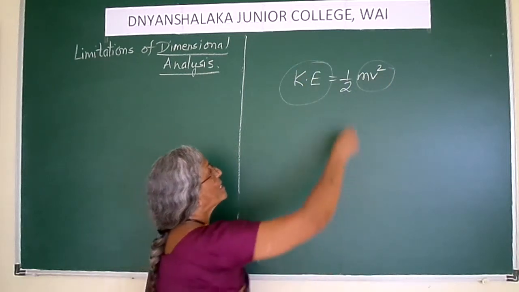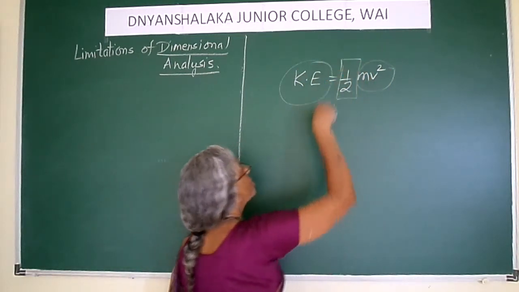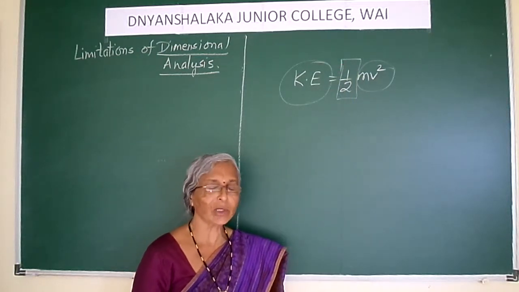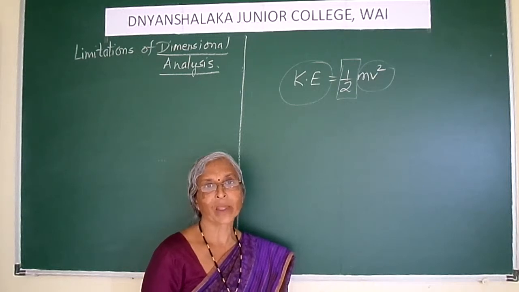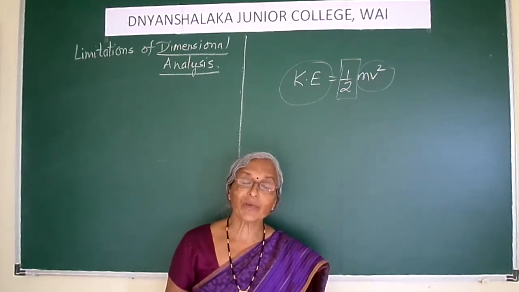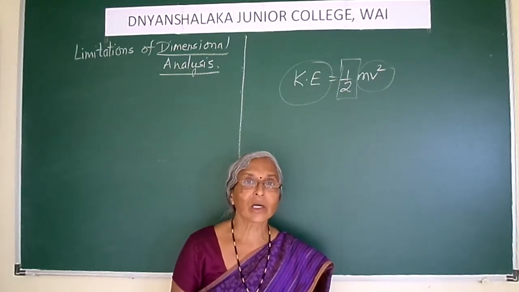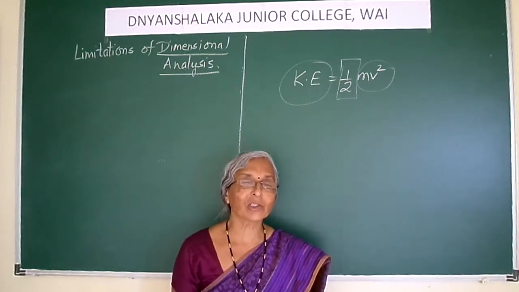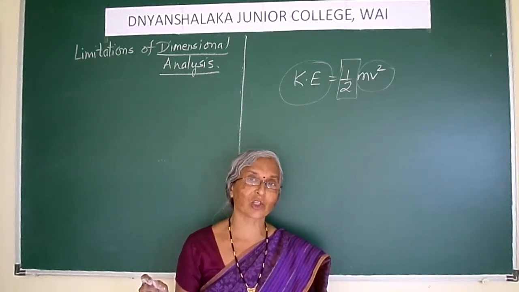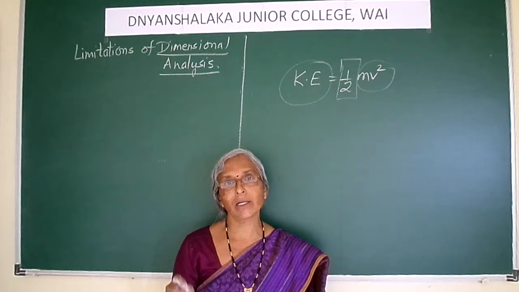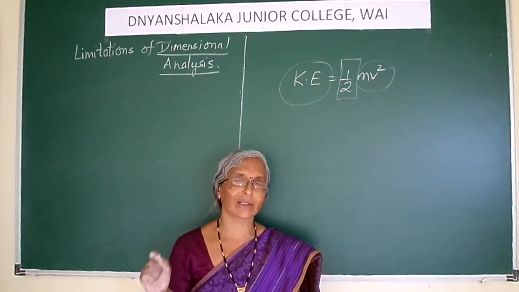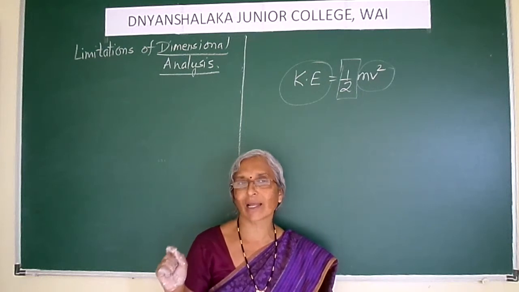And we have stated that half is a dimensionless quantity. So can I give dimensions to this half? No, I cannot give any dimension to this half. So that becomes the first limitation. If you have to find out the value of the dimensionless constant in the given physical equation, that can be done only by experimental analysis, not by dimensional analysis.